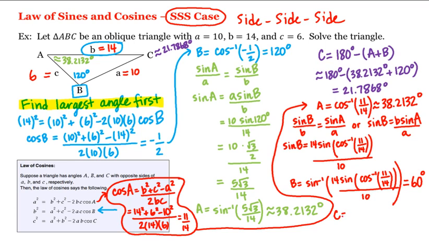And then we'd get that C is equal to 180 degrees minus A plus B, which would be approximately 81.7868 degrees, which is wrong, because how can capital C be larger than capital B?